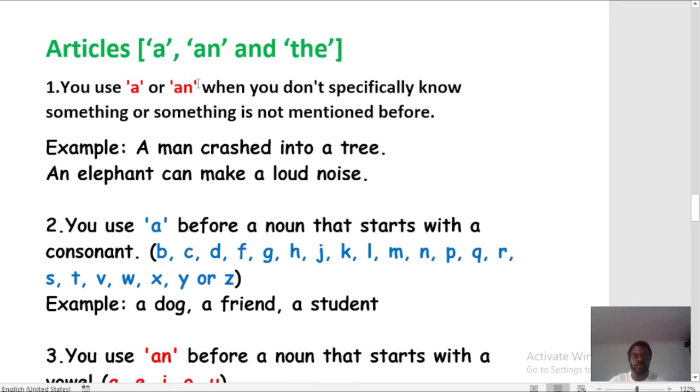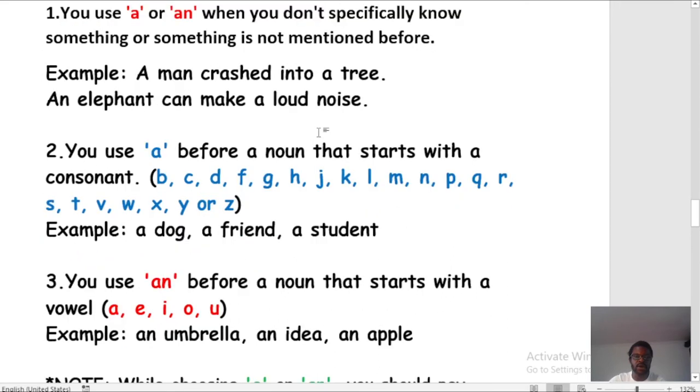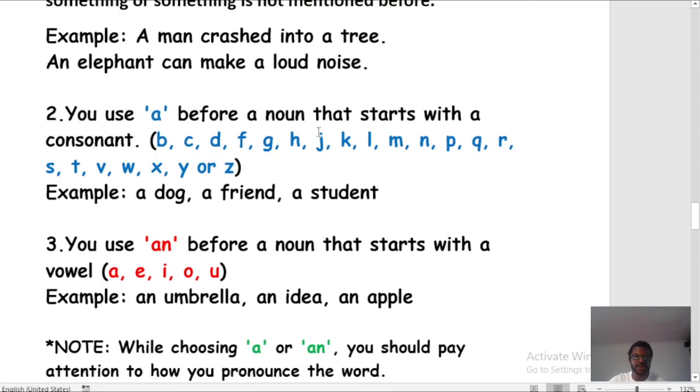Okay, so we use a or an when you don't specifically or particularly know about something that's being said, or that thing is not mentioned to us before.